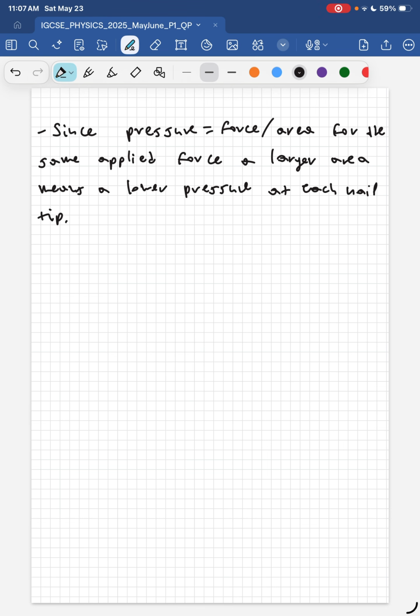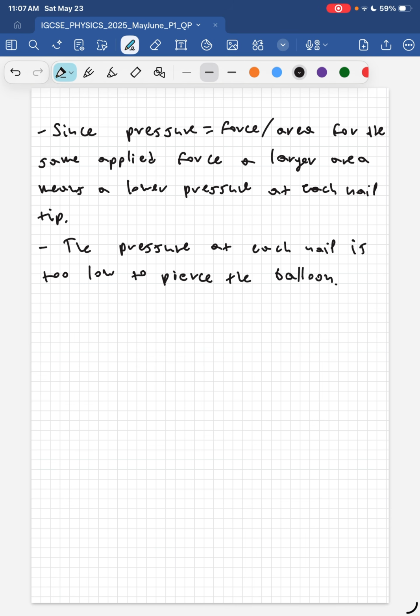And finally the pressure at each nail is too low to pierce the balloon. And that's our answer.